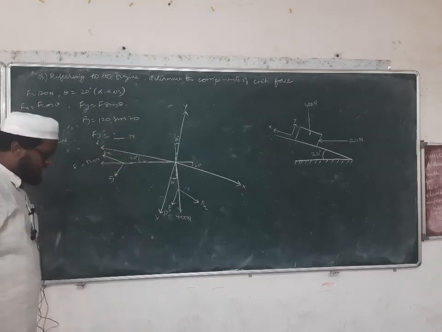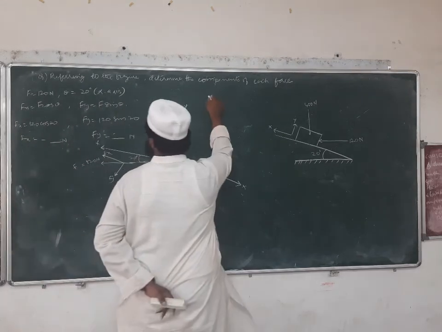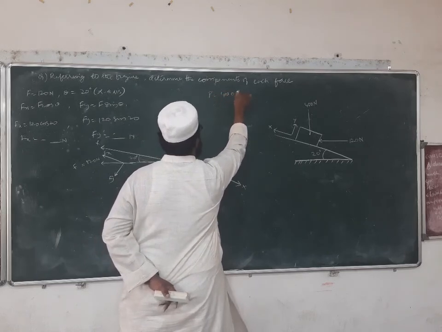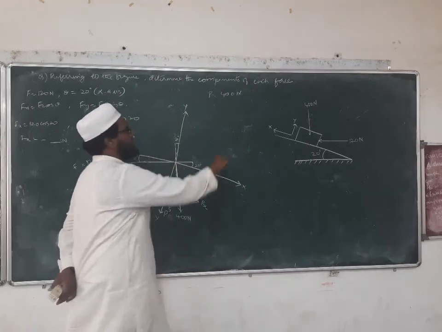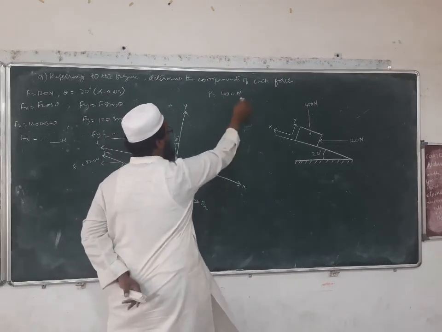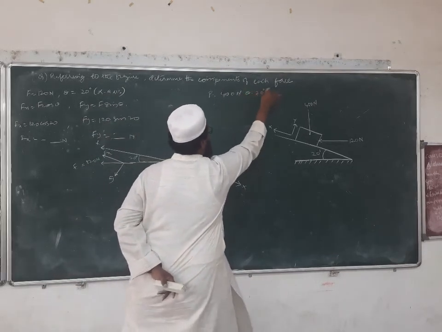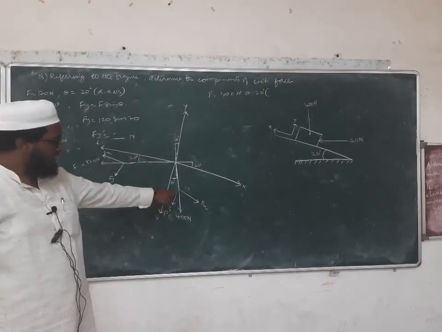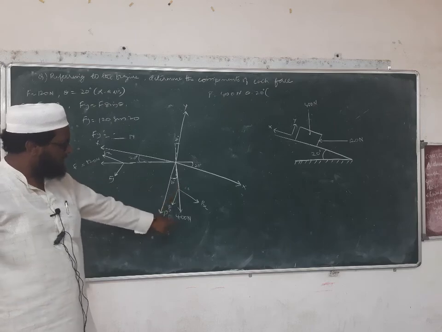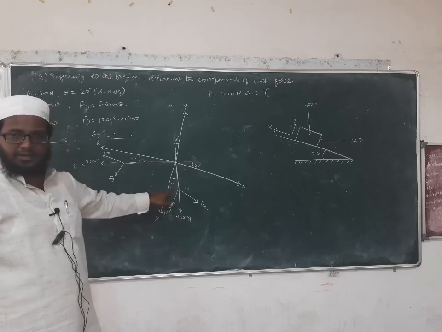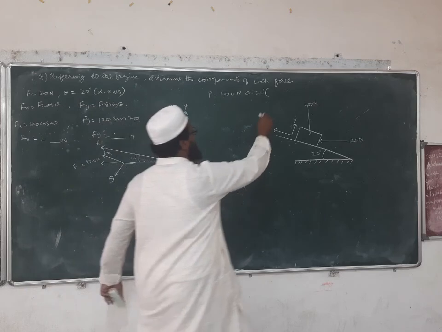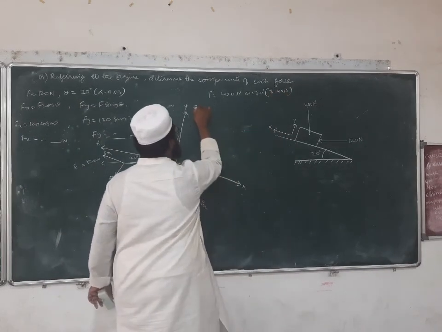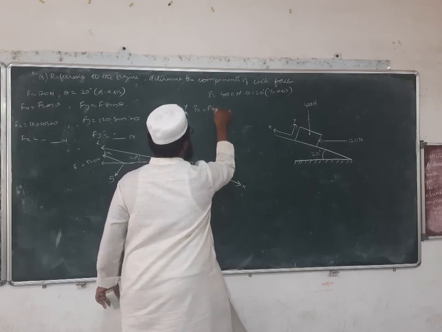Okay. Next, what is the next case we have? We have another force, that is P is equal to 400 newtons. And theta is equal to 20 degrees with which axis? See here, the angle made by this 400 force is with the y axis. So I am writing here: y axis. So Px is equal to P sin theta.